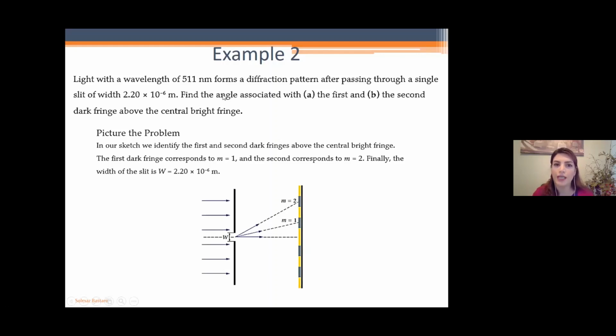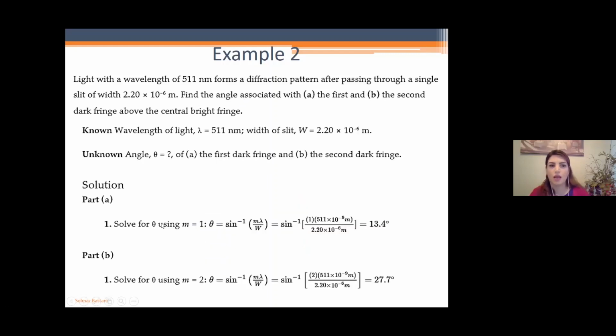Okay, let's go ahead and find the angle. For that, I just have a simple equation. The knowns of the problem are that I know the wavelength and I know the width, and the unknown is theta. Now, I use the equation that I had for sine theta, and I find theta to be sine inverse of m lambda divided by w, substituting the correct numbers that you have.